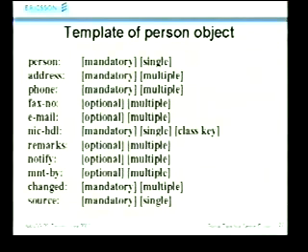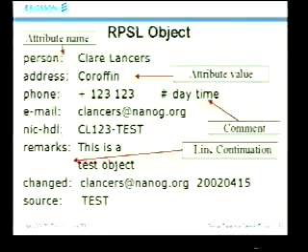To give you an example, this is a template of the person object. The NIC handle is the class key. Okay, this is a bad example. It's also a good example. It's a bad example because this is the NIC handle, but you see in the person object, the first attribute is person, but this is not the class key.